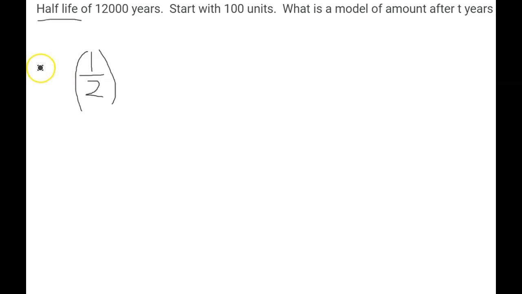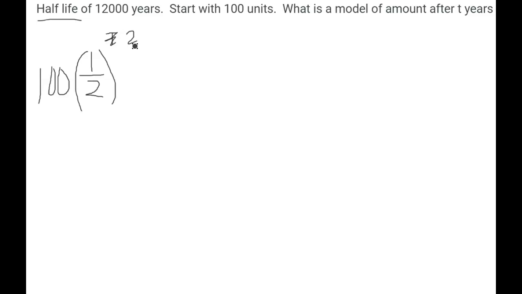Well, if we start with 100 here, and we go through 1 half-life, 100 times, well, 1/2 to the first is just 1/2. You'll have 50 left. If we had instead 2 half-lives, 1/2 squared is 1/4. 1/4 of 100 is 25, right?